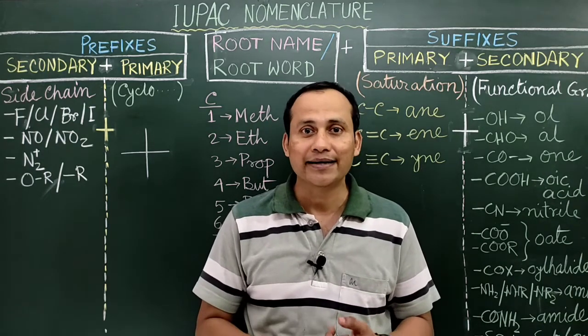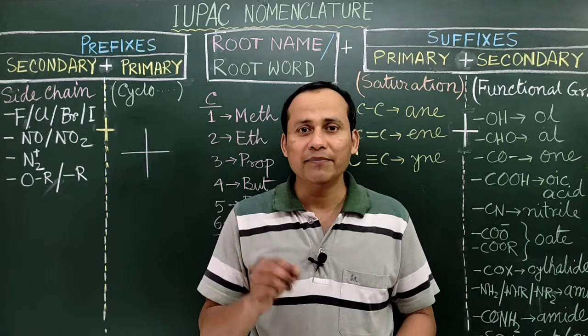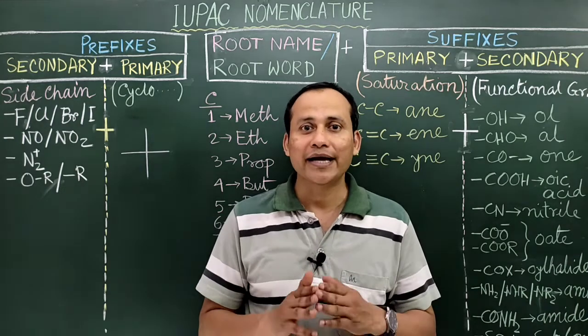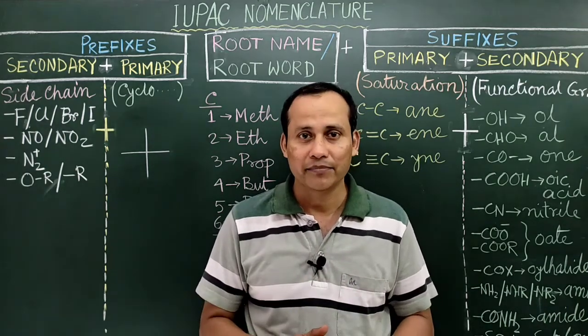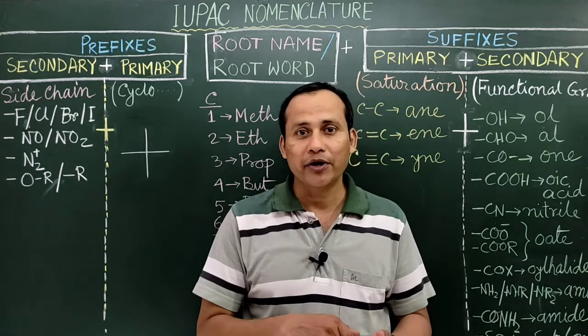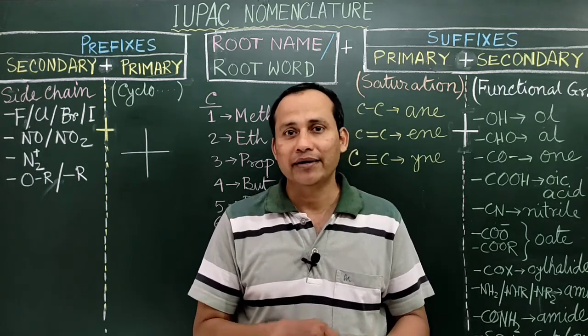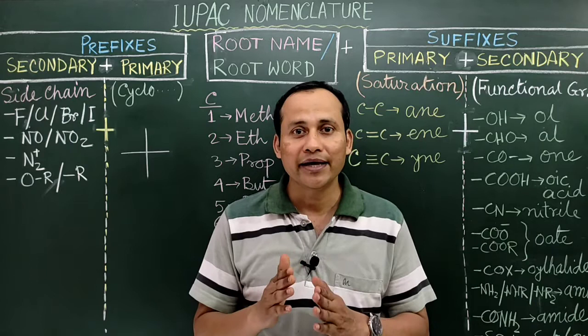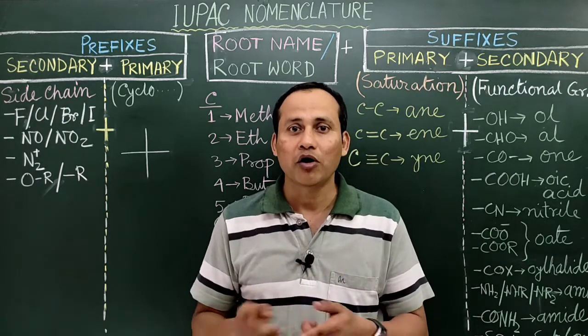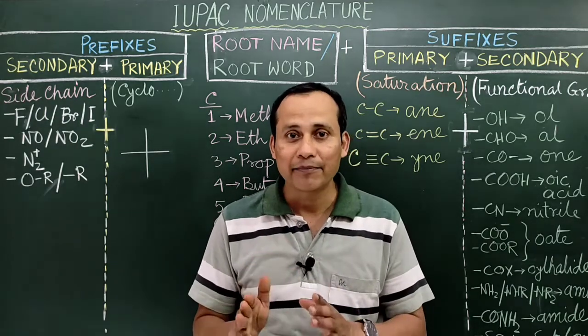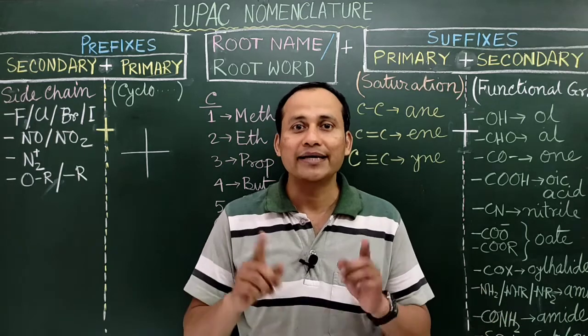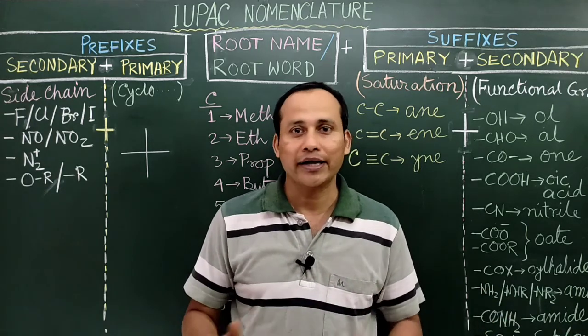At least by that name each and every person can understand them or can write down their structure. So from that point of view it is required to have a good name for organic compounds, or to have a system following which we can name any organic compound.